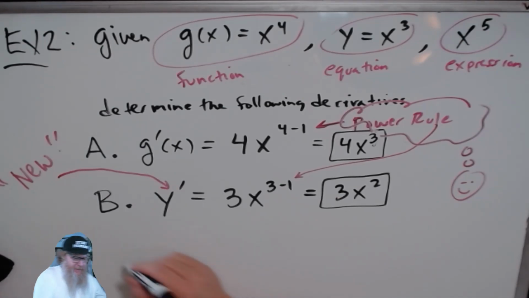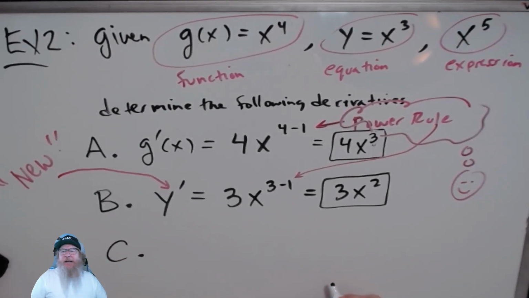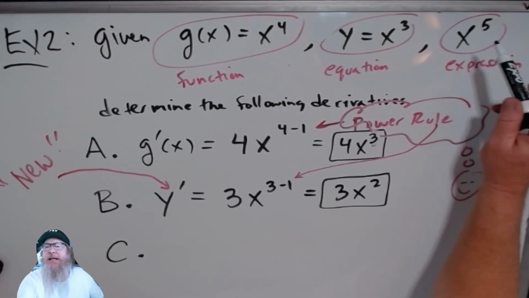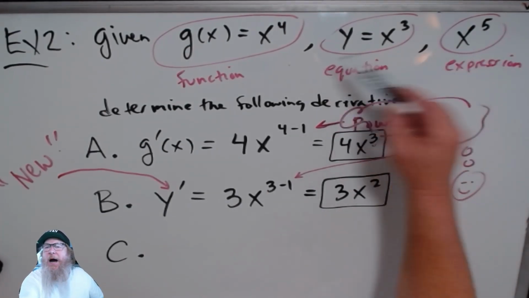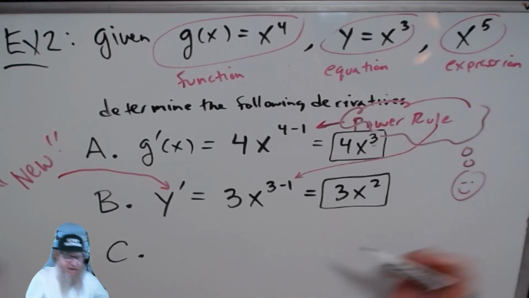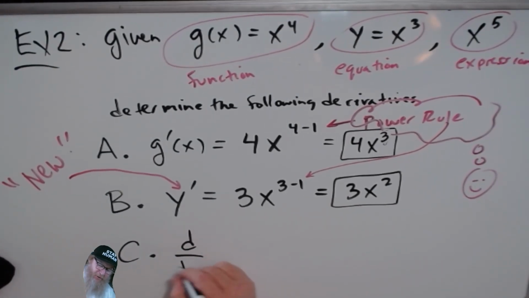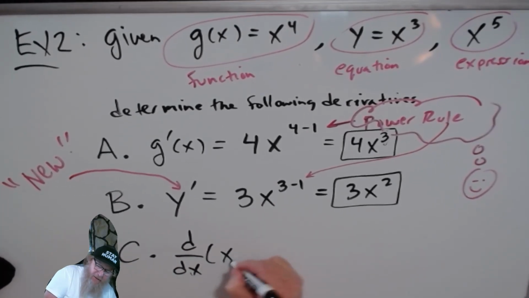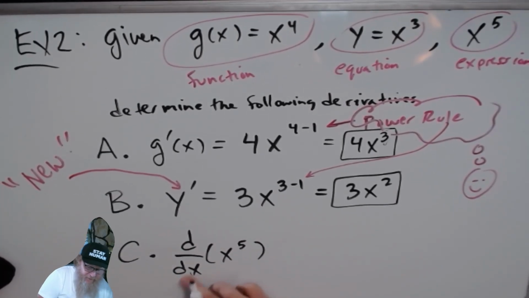All right. And then part C, I don't have a function like f or g, and I don't have an equation like y. So the only thing I have left to do is what's called the differential operator, d dx, of the expression x to the fifth.